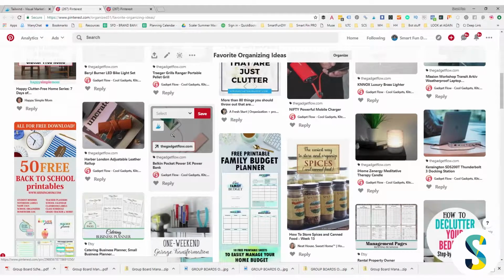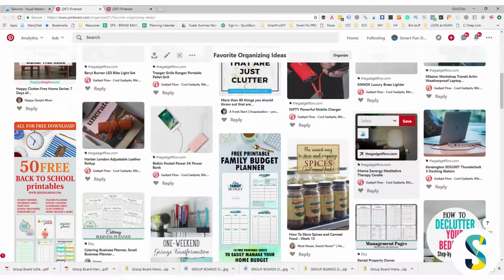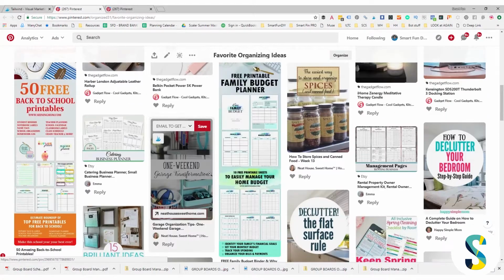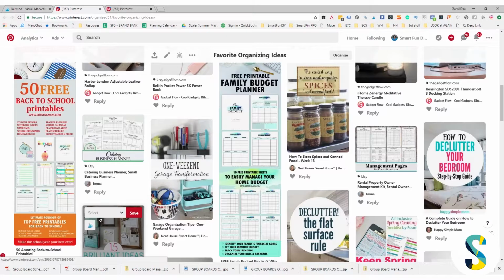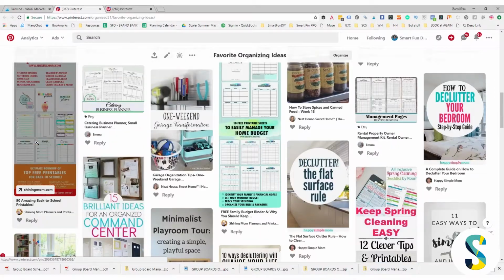Because there's no rules, there's no rules saying I can't put this picture of a light on here. And so what it looks like is some spammers like Gadget Flow got on here and started just dumping all their stuff. These aren't good pin images. These are not, you know, 2:3 ratio. They're not vertical. Some of these are great, right?